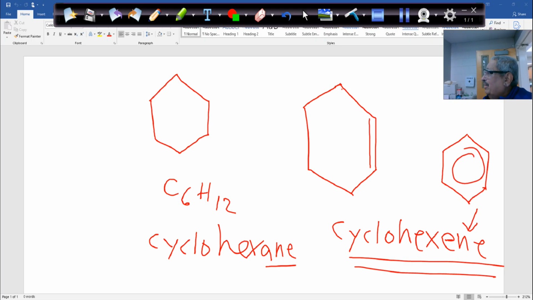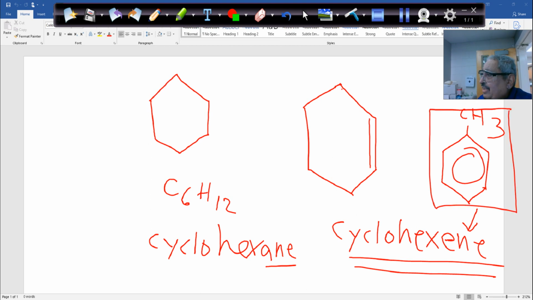That's benzene here, and it has a methyl group at the top. This type of structure here is an aromatic, not cyclic, because it has 3 double bonds. Cyclic if it has 1 double bond or 2, but if it has 3, then it will be aromatic. And this is called toluene. Called what? Toluene.